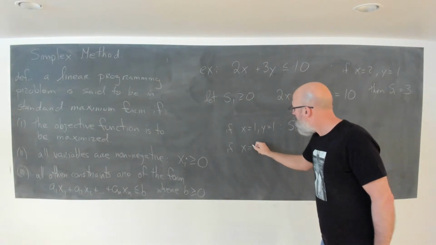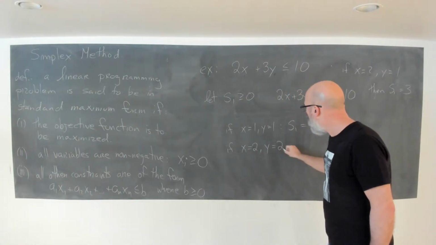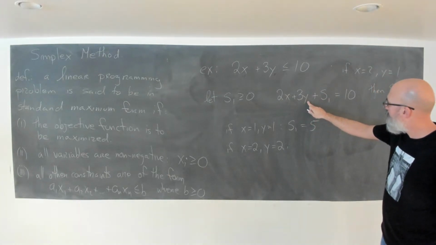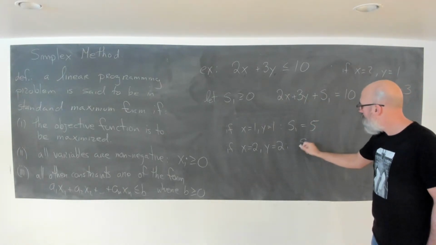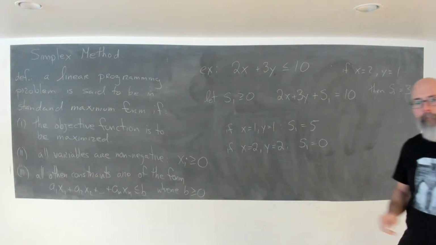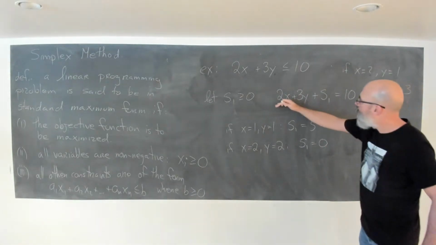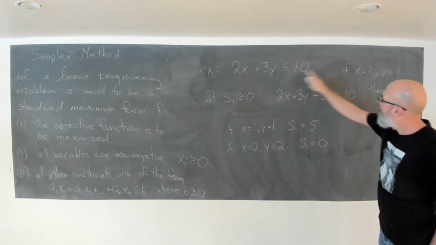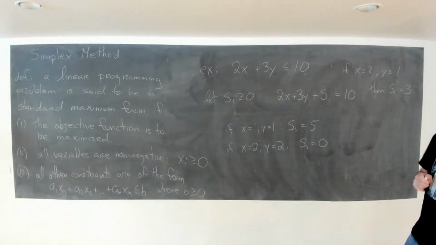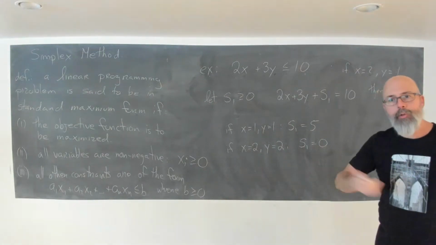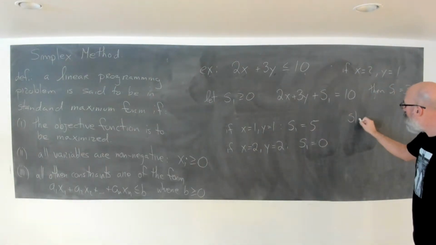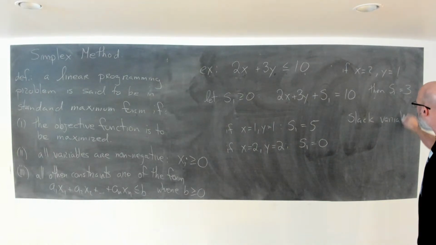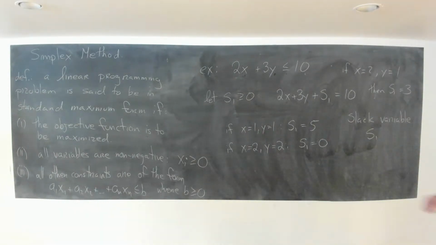If x is equal to 2 and y is equal to 2, 4 plus 6 is 10. In this case, S1 is 0. And so on, right? So instead of working with inequalities, we can pick up the slack by introducing a slack variable S1.